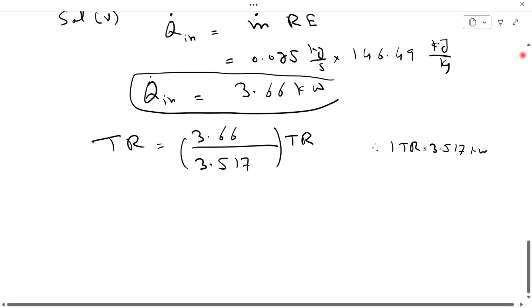To convert kilowatt into ton of refrigeration, divide by 3.517. So the ton of refrigeration is equal to 1.04 ton.